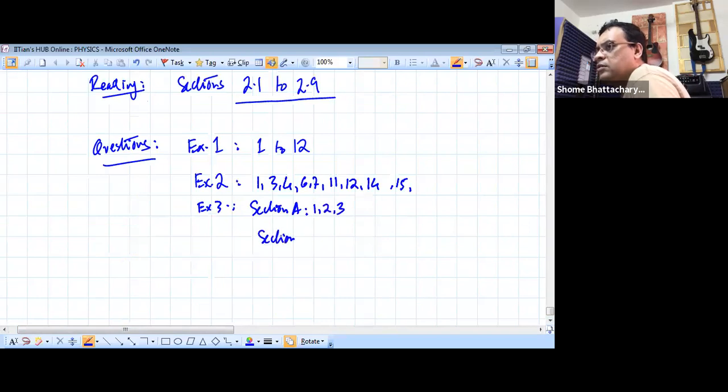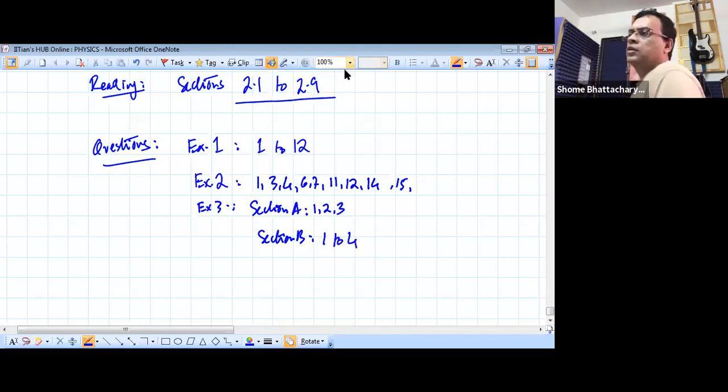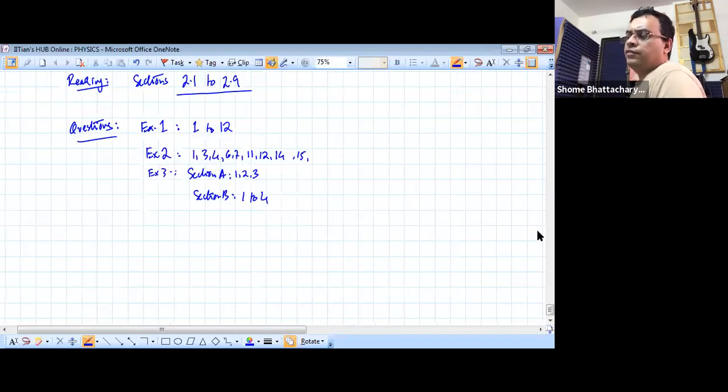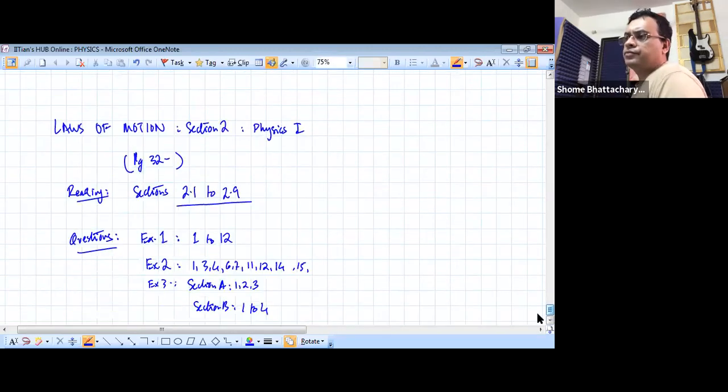And from section B, do question 1. So this is something you can work out yourself as a home assignment for this week.